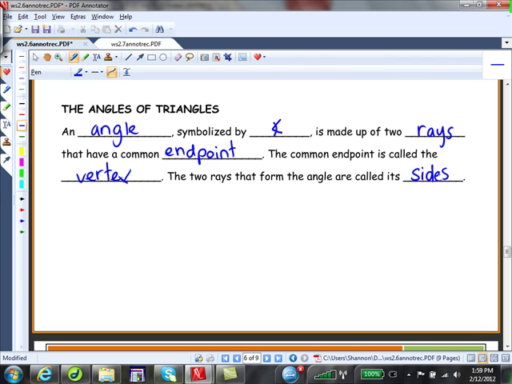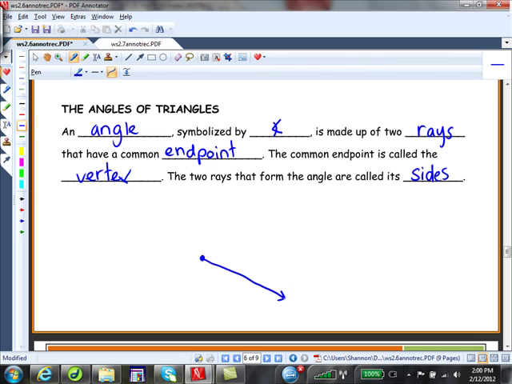I think I'll just draw it myself. So here we go. You have one ray. Now a ray has an end point and then it goes infinitely in one direction. And here's the end point of one.